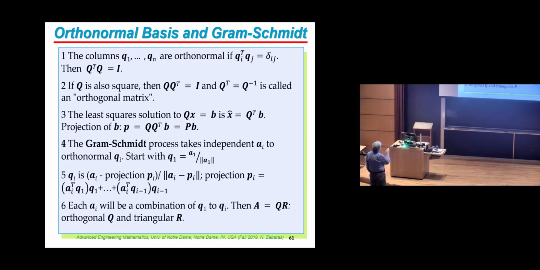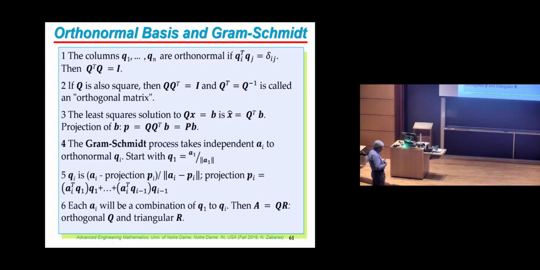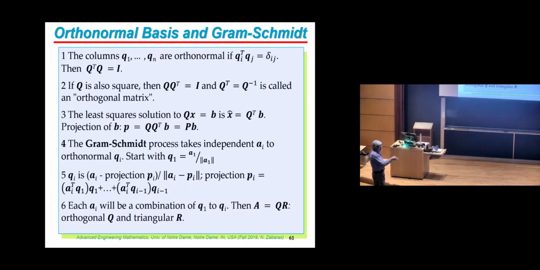So first, we're looking now at a matrix that has columns Q1 to Qn, all right? And I am going to introduce what I mean by these columns being orthonormal. Not just orthogonal, but orthonormal. If you take the inner product of Qi with Qj, where i is different from j, you get 0.